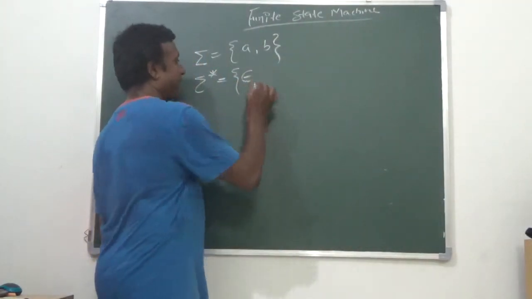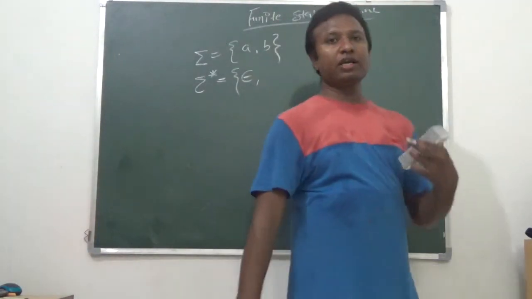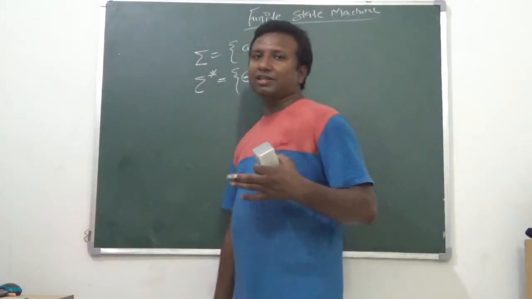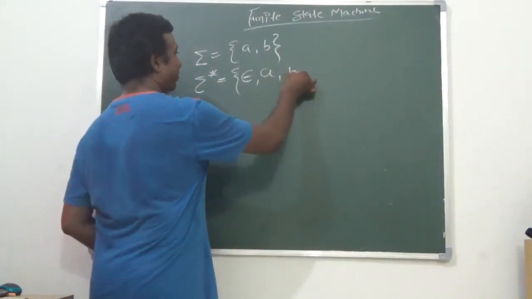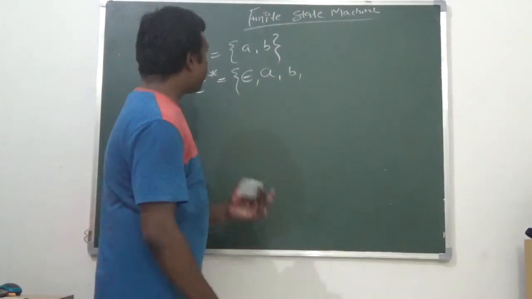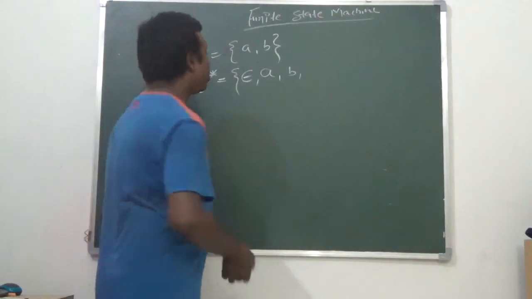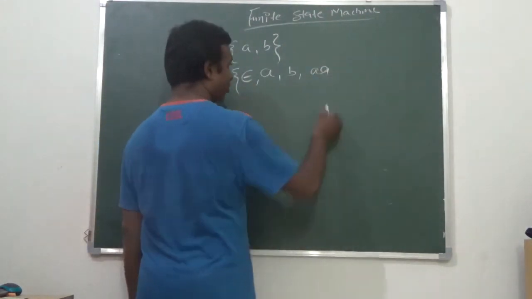So we are getting epsilon. Second, we need to think about the single combination. So what is the single combination here? We either get A or we get B. That is the only possibility. Now we need to think about the 2 combination. So we take A 2 times, that is one possibility.